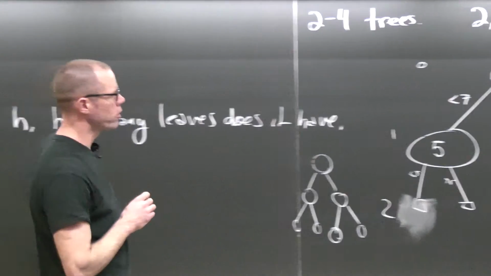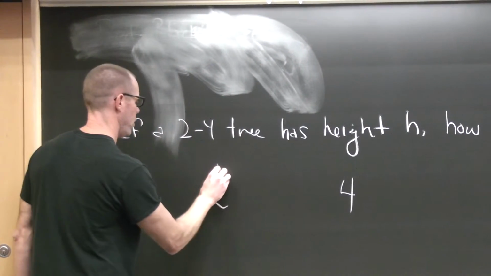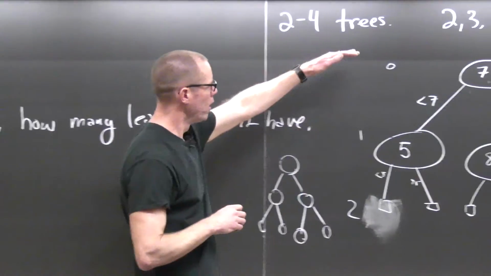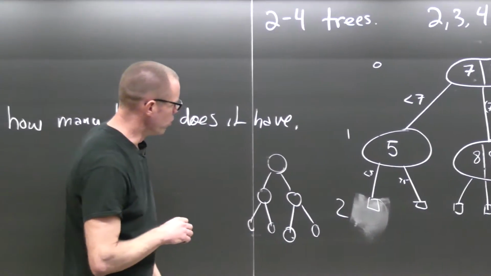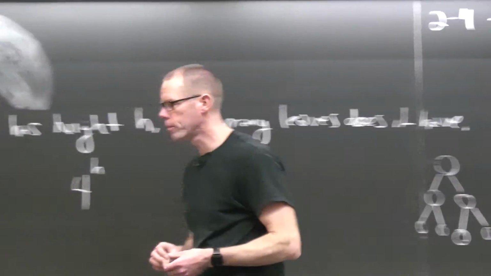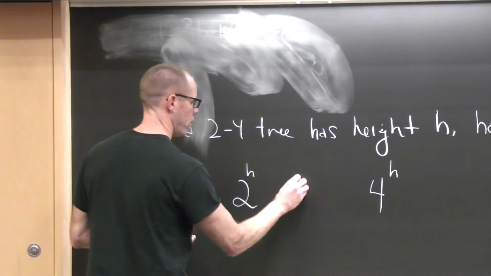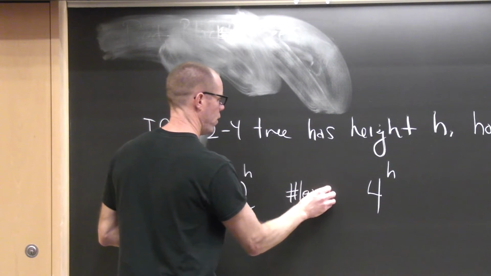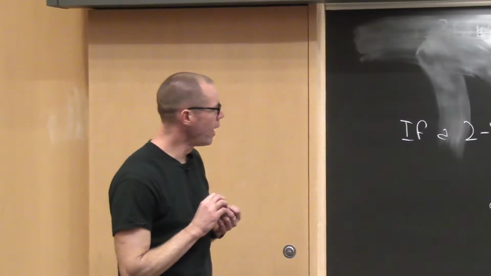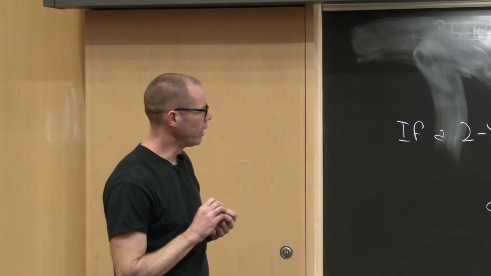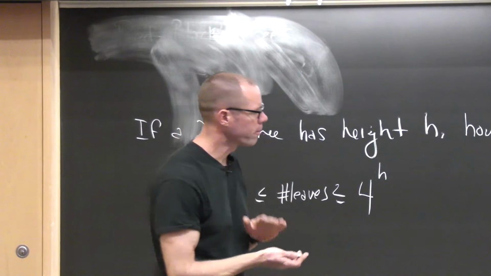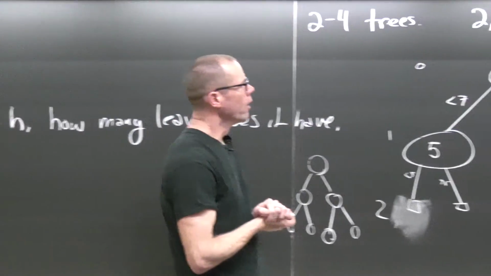Four to the h, right? So for example here h is 2, and it has somewhere between 2 to the power 2 and 4 to the power 2 leaves. So the number of leaves is between 2 to the h and 4 to the h in a 2,4 tree of height h. All right, that's good.